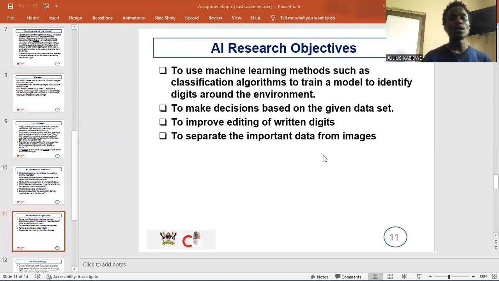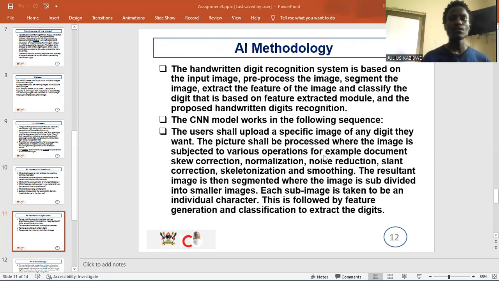My other objective is to improve the editing of written digits. Instead of manually rewriting stuff when you're editing your documents, you just scan, and everything comes up in digital form, and you're good to go. It saves you time. We also intend to separate important data from images, as I've mentioned.